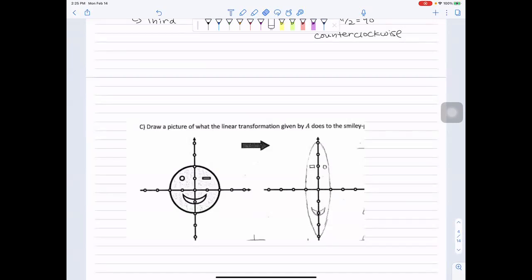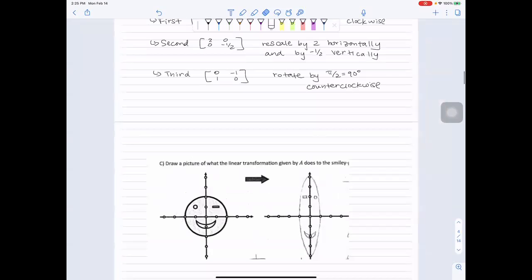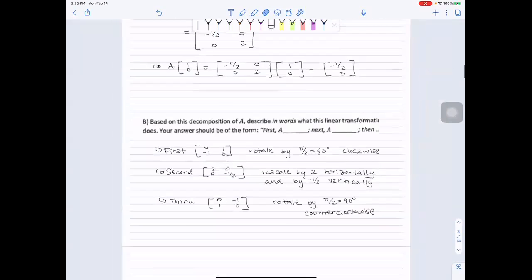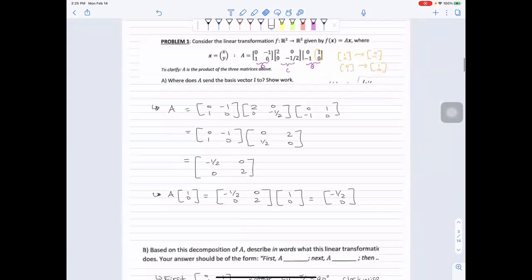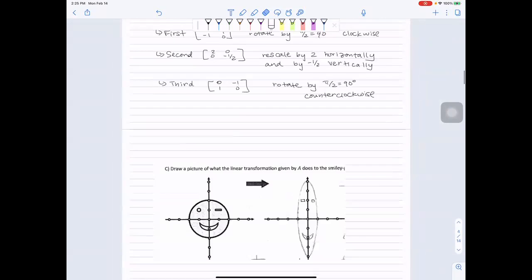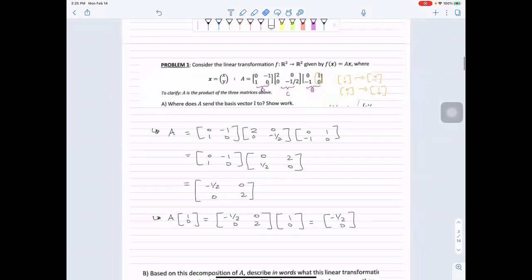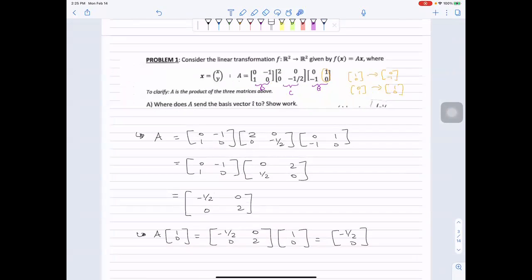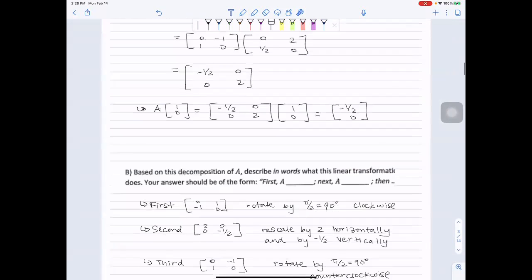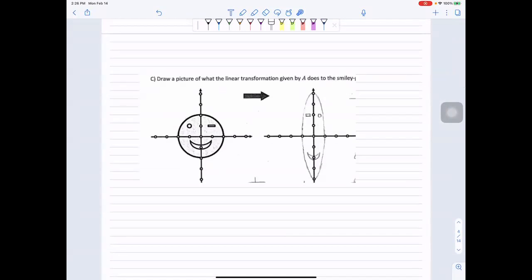Does the fact that it was -1/2 change anything? -1/2. Yes, it flipped it. So wait. Oh, sorry, no. It didn't flip it. The -1/2 means that... Oh wait. -1/2. Wait, you would turn it this way, stretch it.